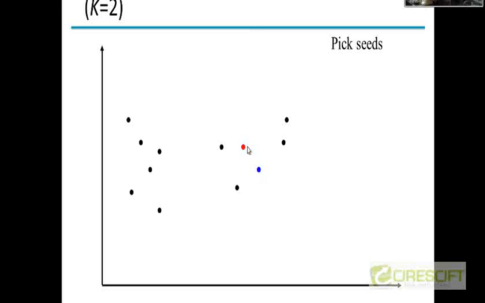So these are the two seeds that we have picked. These are, by the way, like leaders. If you compare this with cluster pruning that we did earlier, these are like the leaders. And then each of the other documents is going to be colored red or blue depending on whether it is closer to the red seed or to the blue seed.